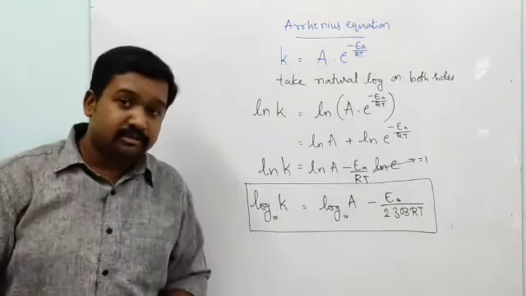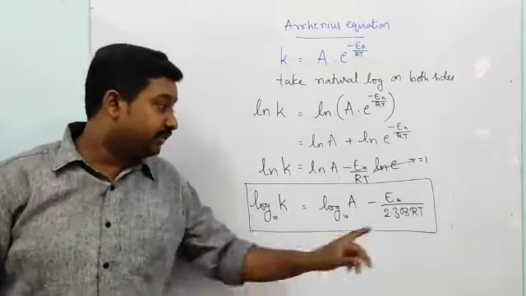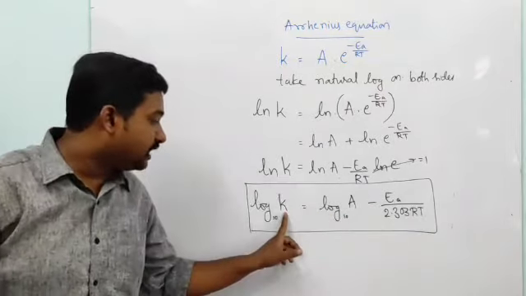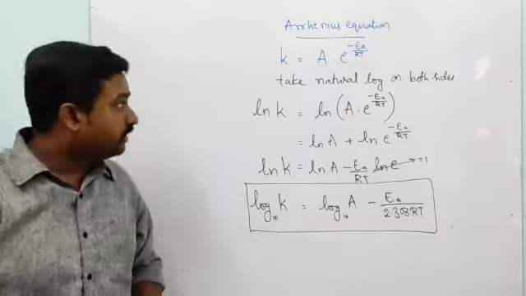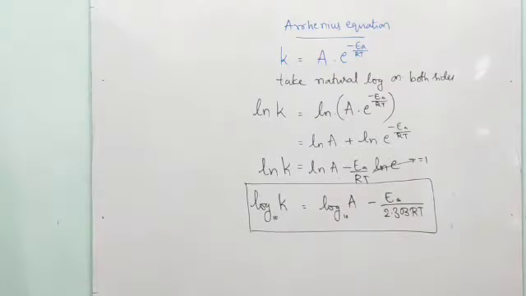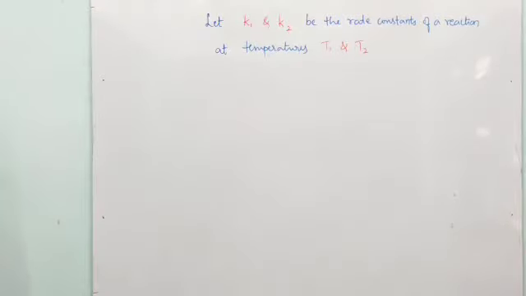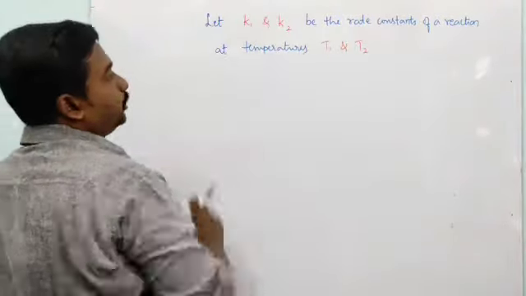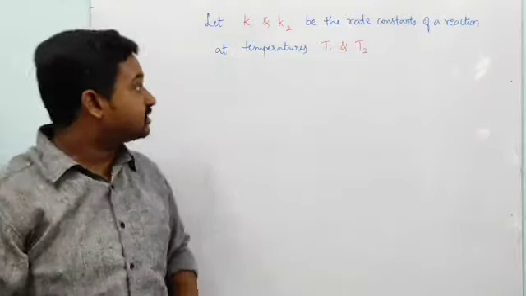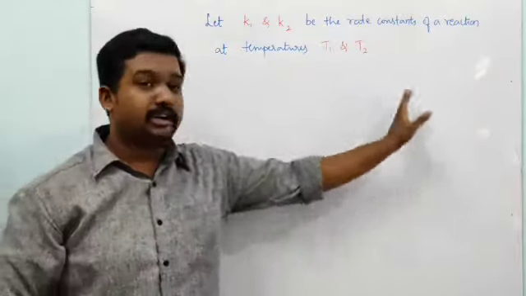Now using this equation for the same reaction at different temperatures, we can relate the rate. That we will do now. Have a look at it, please. So let's say k1 and k2 are the rate constants of a reaction at temperatures T1 and T2.